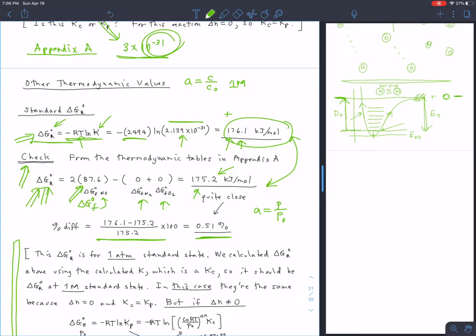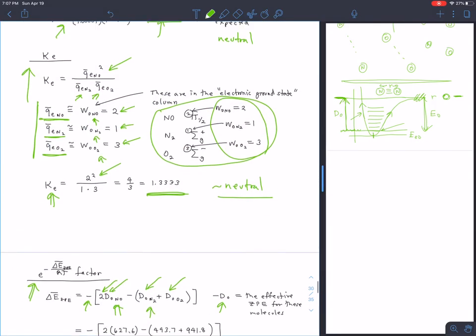How is it that we're getting good agreement like this when we calculated essentially 2 different physical quantities, right? One based on 1 standard state, one based on a completely different standard state. And the answer is that in this case, remember, delta N, the change in the number of moles on both sides, is 0, which means that the 2 types of equilibrium constants, Kc and Kp, are the same in this case.